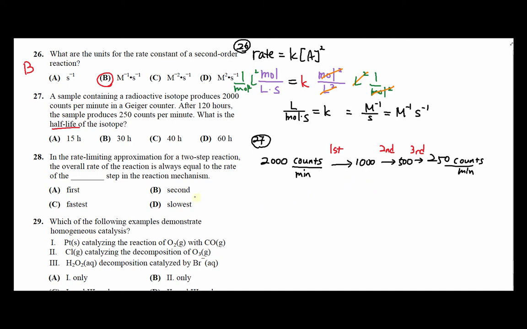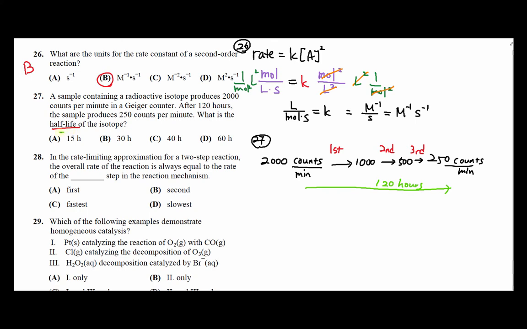And we know from the question that it took 120 hours to go from 2000 counts to 250 counts. So from here to here, it took 120 hours. Now, it's not saying the first half-life, second half-life, and third half-life.